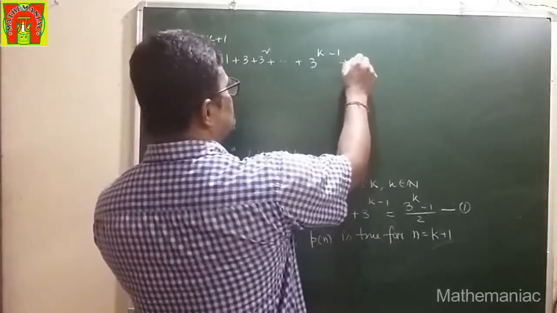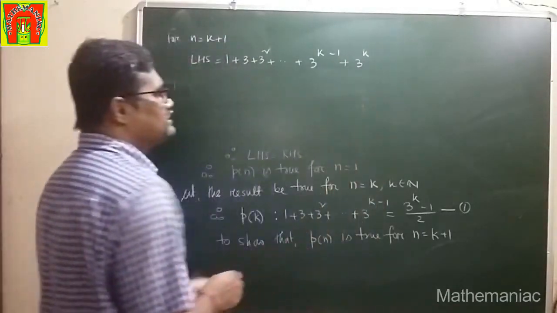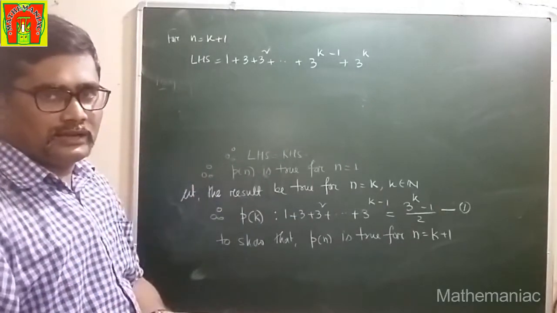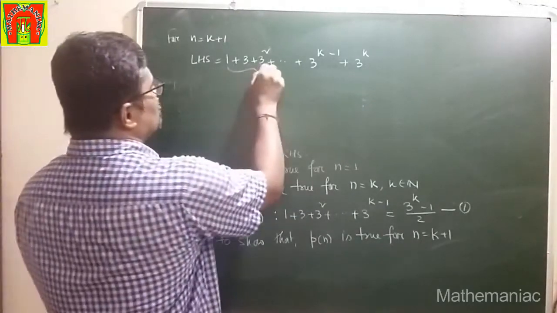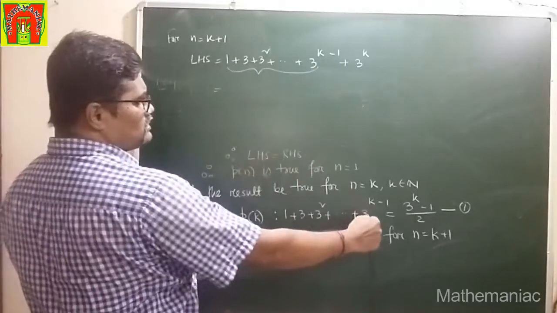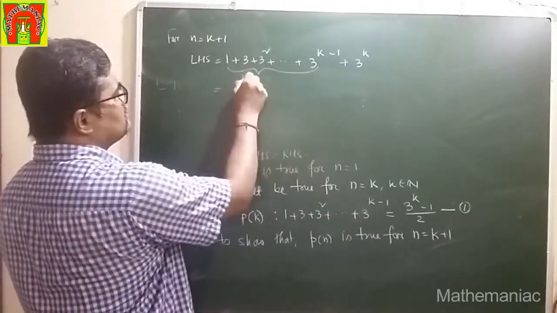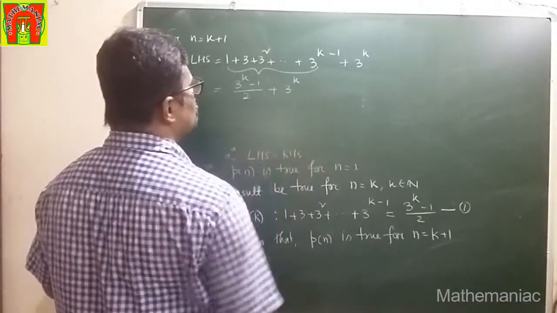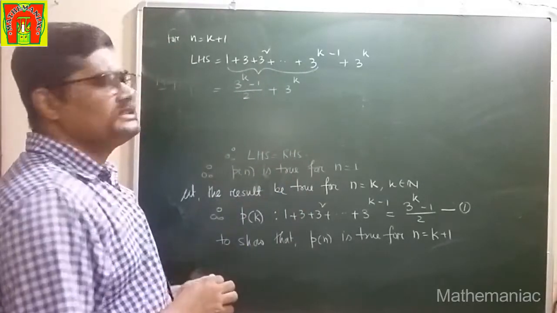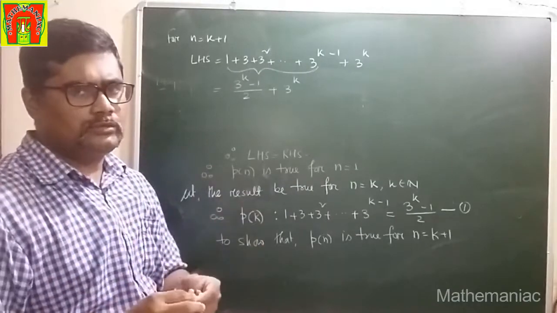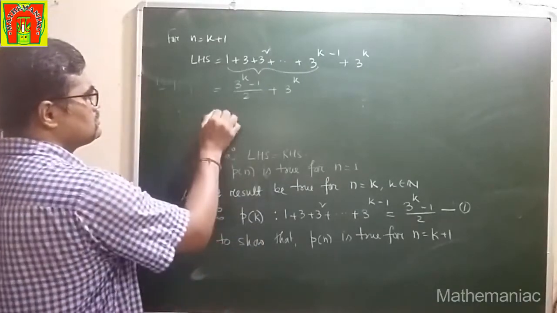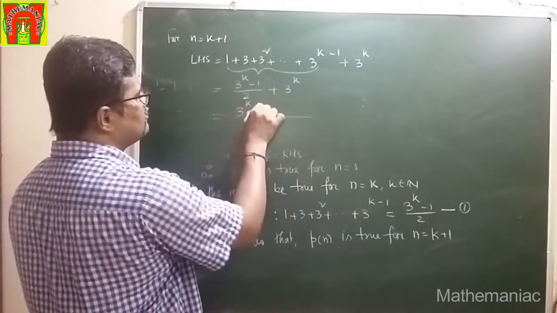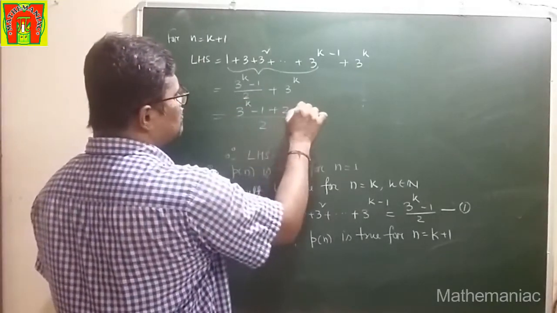That extra term will be containing power what? 3 to the power k, because you can easily identify powers are increased by 1, right? Now from here to here, you can use this supposition step. That gives you 3 to the power k minus 1 divided by 2. Then this is 3 to the power k. Here nothing is common, so do not think about common. Just you think about taking LCM. So if you take the LCM, what you will be getting?